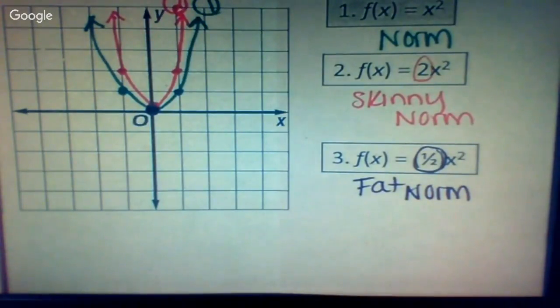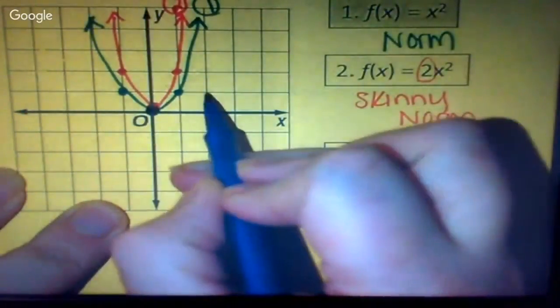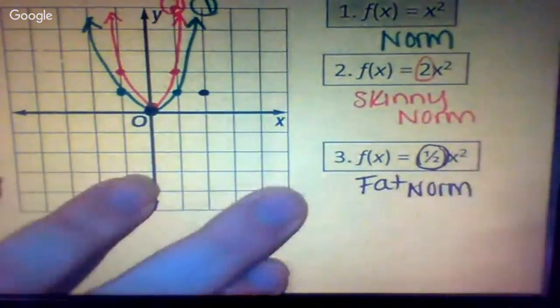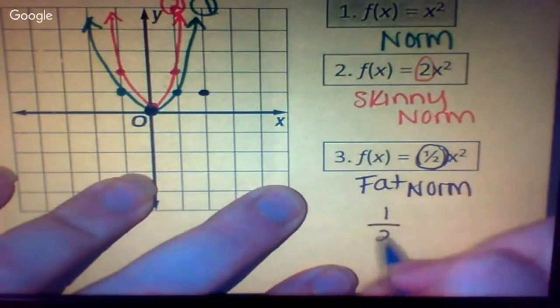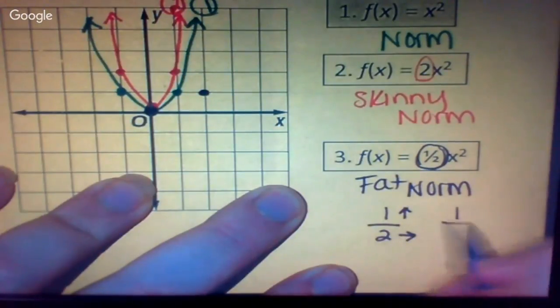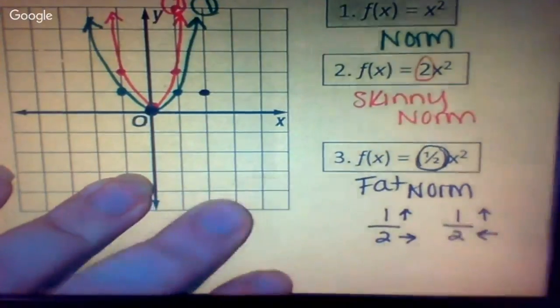Now it's 1/2, so I go up 1 and to the right by 2. Use this as your slope. So 1/2 goes up 1, to the right 2, and we also go up 1 and to the left 2.